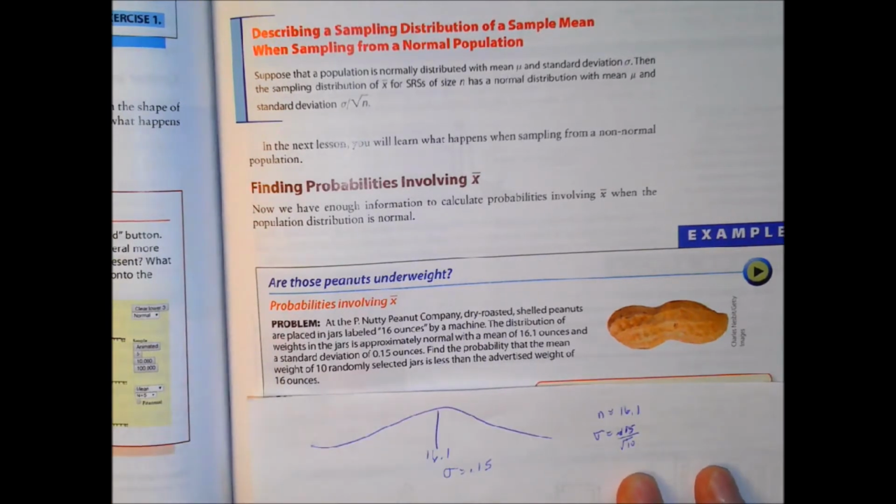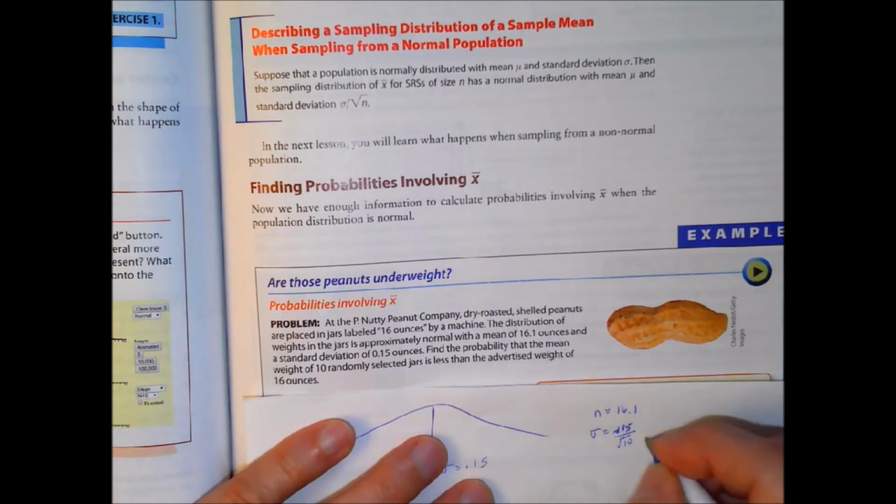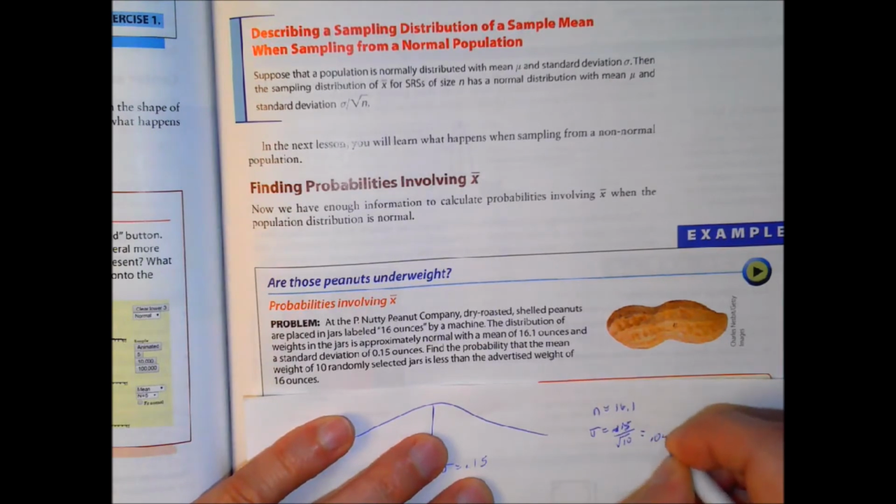If I take 0.15 and divide it by the square root of 10, I get a standard deviation of 0.047.